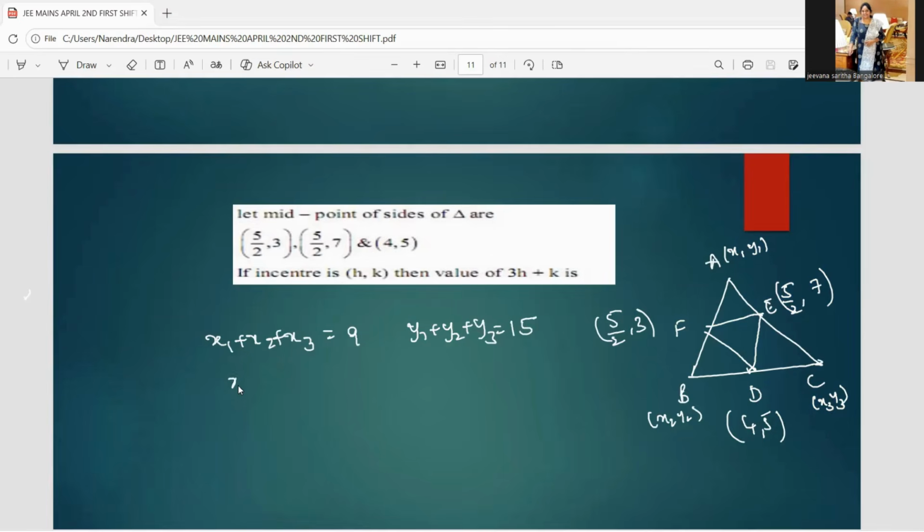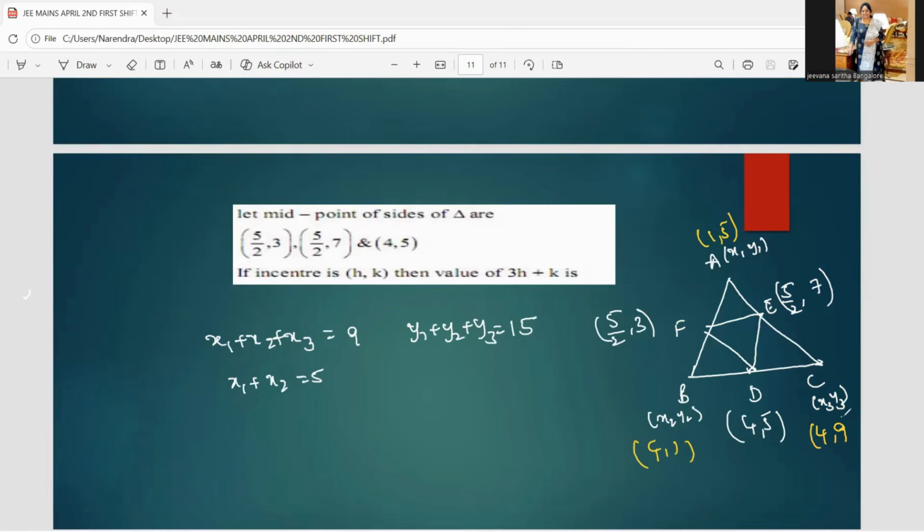And we know that x1 plus x2 is already 5. So by this we can find x3, and once we know x3 then we can find x2, then we can find x1. Similarly we can get all three vertices, and let's say the three vertices we found are 1 comma 5, 4 comma 1 and 4 comma 9.